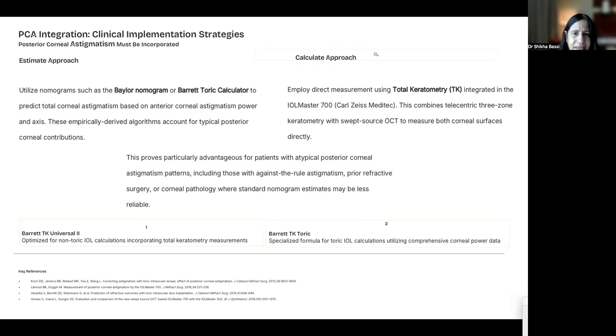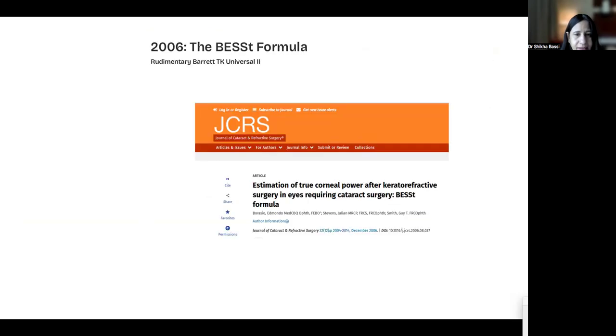You can either estimate it using the Baylor nomogram or the Barrett toric calculator, or if you have machines like the IOL Master 700, where you get the total keratometry, you can actually calculate the PCA. But even if you don't have those machines, you can use Baylor's nomogram or Barrett's toric calculator, and it can be used to give us an accurate IOL power calculation.